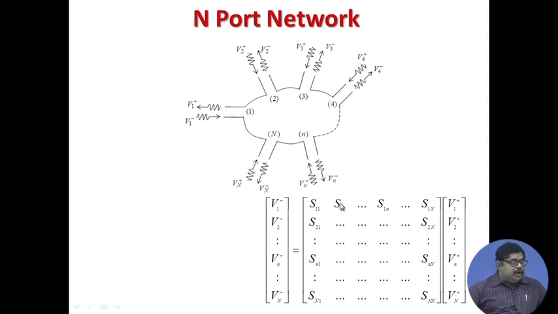How can I determine S12? It is V1 minus by V2 plus, if I put all others, V1 plus, V3 plus, V4 plus, all others 0. That means only one port is excited, and at another I am collecting the reflection.